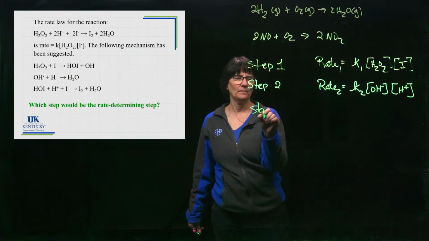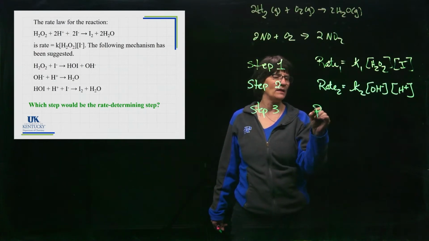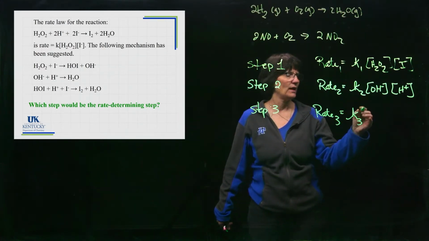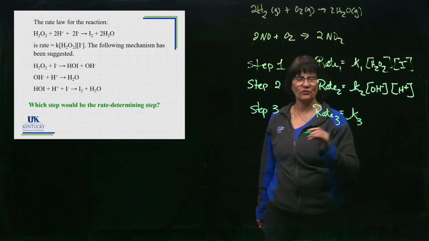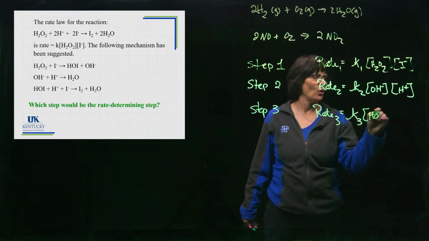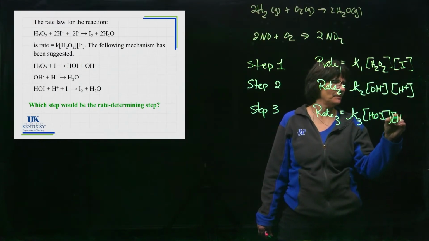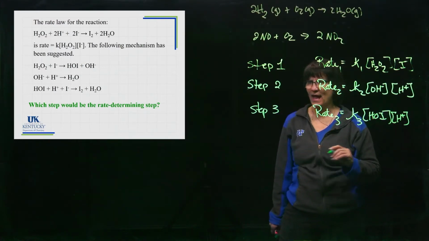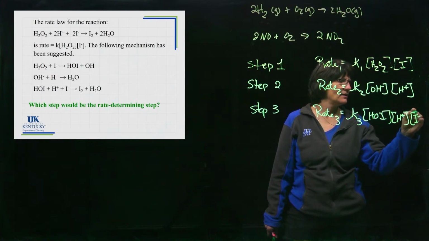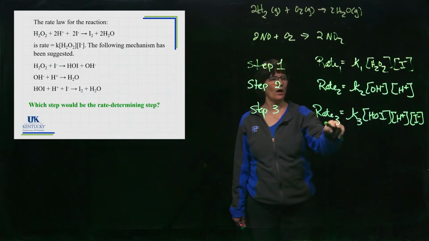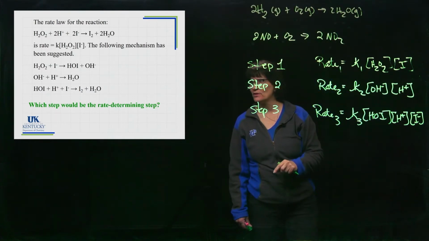Step 3, rate 3 is equal to K3, and then we look at those substances. HOI to the first power, and H plus to the first power, and then I minus to the first power. Okay, so those are our three rate laws for our three elementary steps.